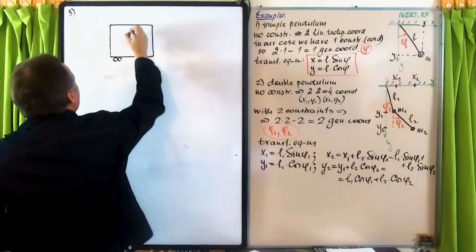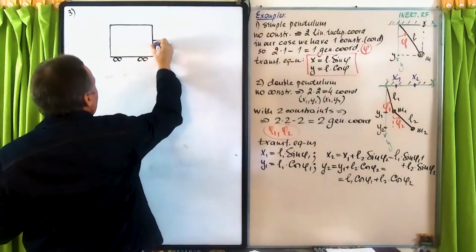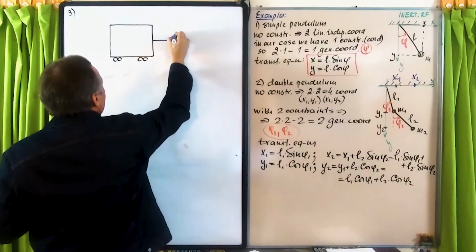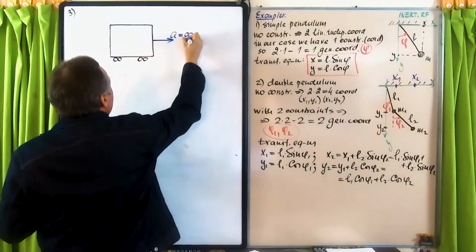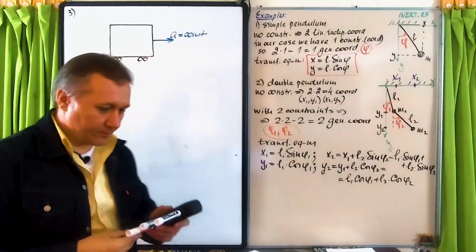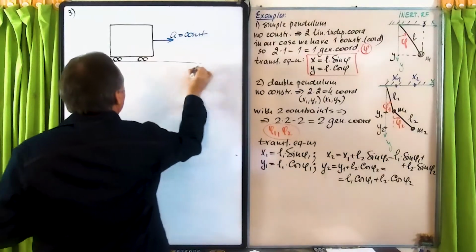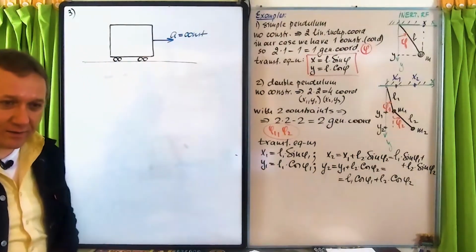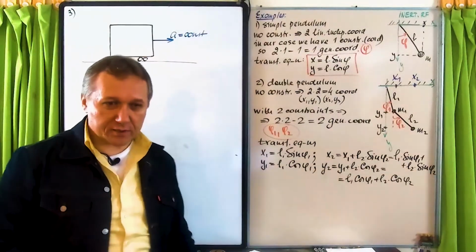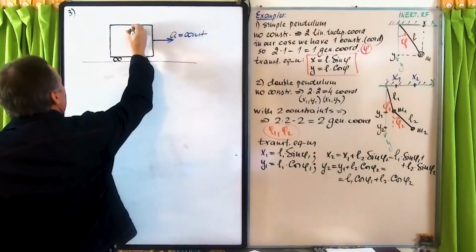And let's assume it accelerates that way, so A equals constant acceleration. Let me draw the surface. Inside, let's position a pendulum, just a simple pendulum. Of course, it will be deflected, let's say, this way.